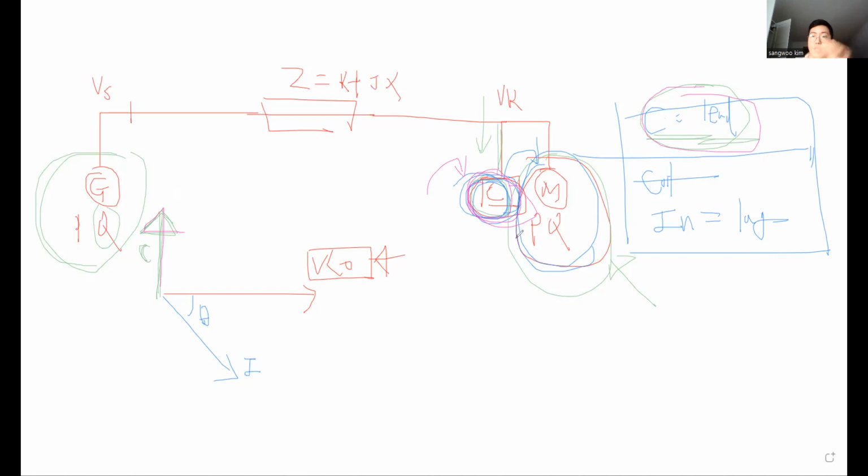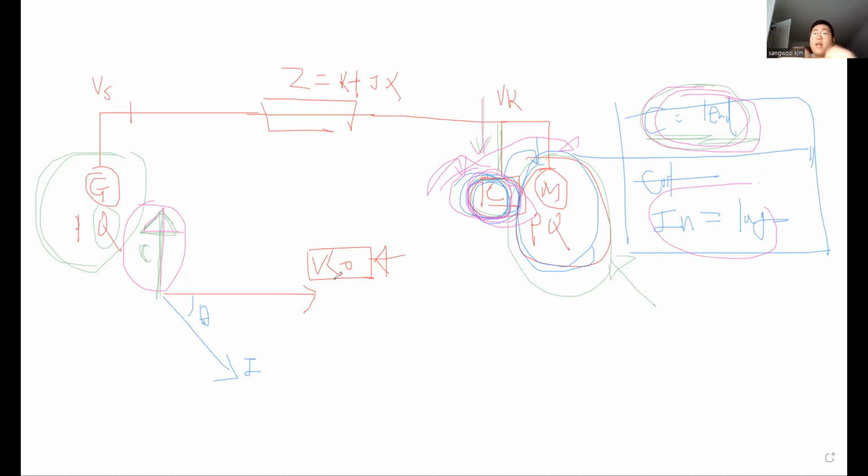But now the capacitor gives the reactive power to the motor. So now it's like a generator, a supplier, right? So that time this part changed, because when I use it, I spend the leading part, but when I give, I provide lagging current.